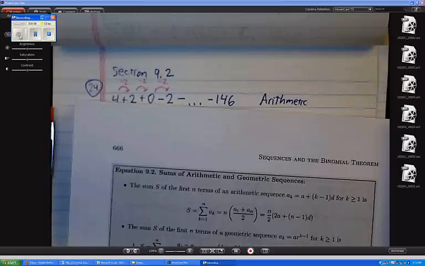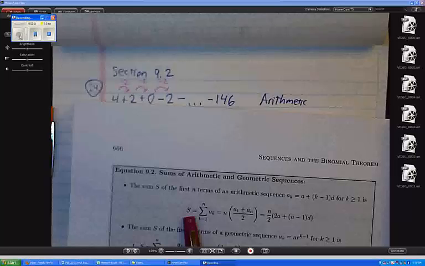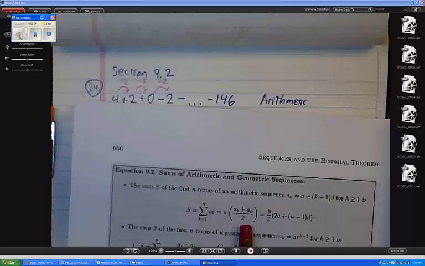That doesn't surprise me. But I'm telling you, the sum is given by either n times a1 plus an over 2, in other words, n times the average, or by this formula. I'm going to use this first one in the middle because I think this makes more sense to me. Let me say it again.